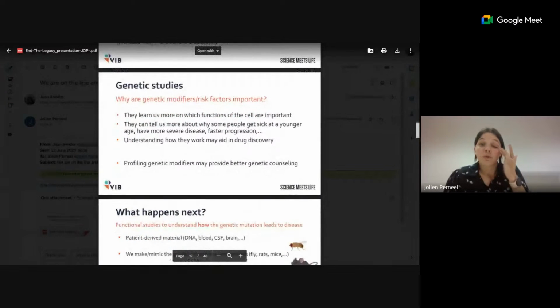And it is very important to also study these modifiers, as they tell us a lot about which of the functions of the cells are important, and they can also tell us more on why some people get sick at a younger age. They can also help us in understanding how the disease progresses, or how the disease works, and a better understanding of how they work may aid in therapy development and drug discovery.